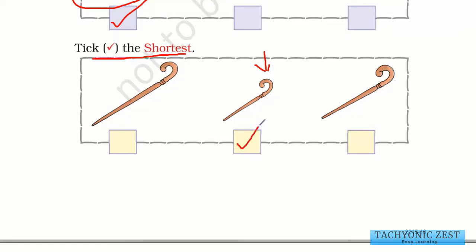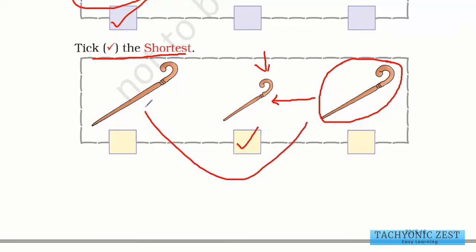Now can you tell me which stick is shorter as compared to some other stick, as well as longer as compared to some other stick? Can you tell me among the 3 which one it is? Yes, correct, it is this one. If we compare this stick with this one, we can see that this stick is longer as compared to this one.